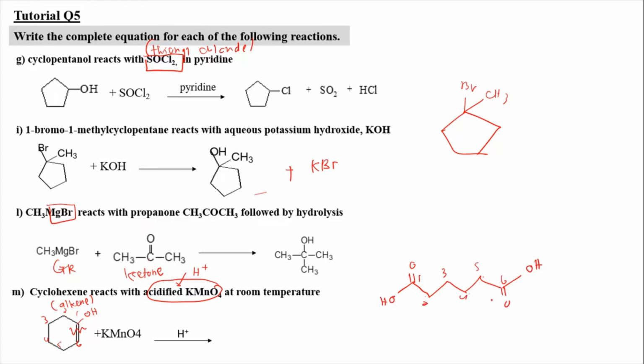Okay, so this is the product of the reaction. Okay, so you can draw it this way, or you can also draw it in terms of the condensed structure here, which is 1, 2, 3, 4, 5, 6. Okay, the number of carbon is still consistent, and then we're gonna make it as the carboxylic acid at both ends. Alright.